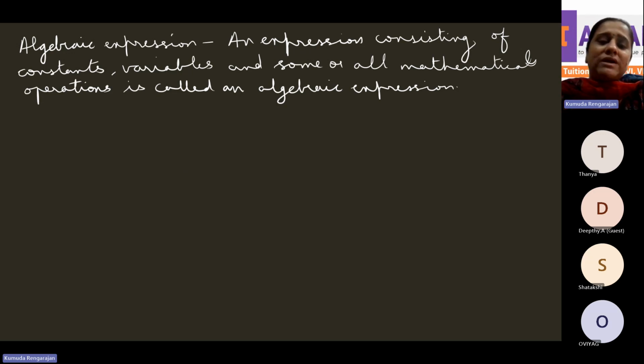Some or all mathematical operations. So when you construct an expression, you express something mathematically, using constants, variables, and mathematical operations. That expression will say something, will mean something. That is what we are going to interpret in algebra.